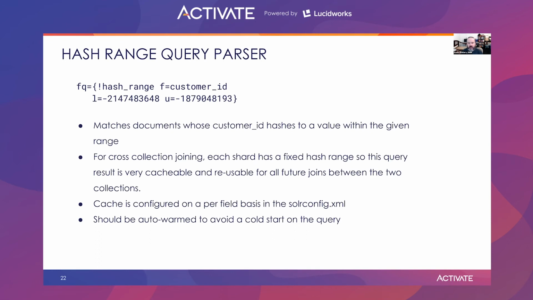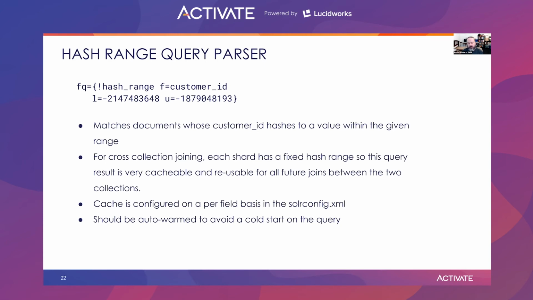It's a per segment cache, and it pre-computes all of the hash values for the customer ID and stores those for quick lookup to do these range searches. Then when this query comes in, it's simply doing a range search on that cache in order to return the documents that actually match just that set. There is a slight cold start problem: that cache needs to be generated.